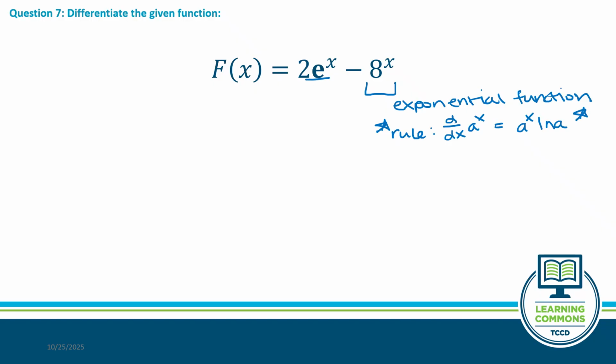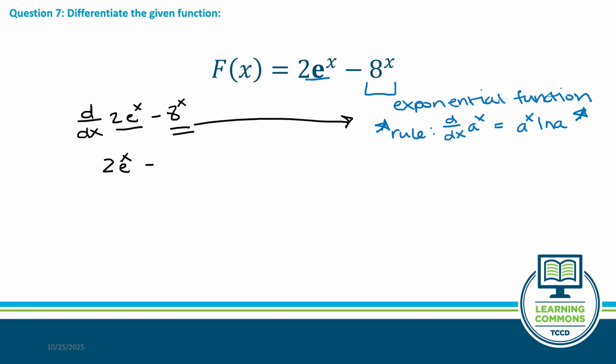And I do think we did have a worksheet that had all 4 of them on there, and I would definitely go back and review those as well. But anyway, okay, let's work on this derivative. Okay, 2e to the x, I already know it's going to be 2e to the x minus, and then I know this one based off this rule.